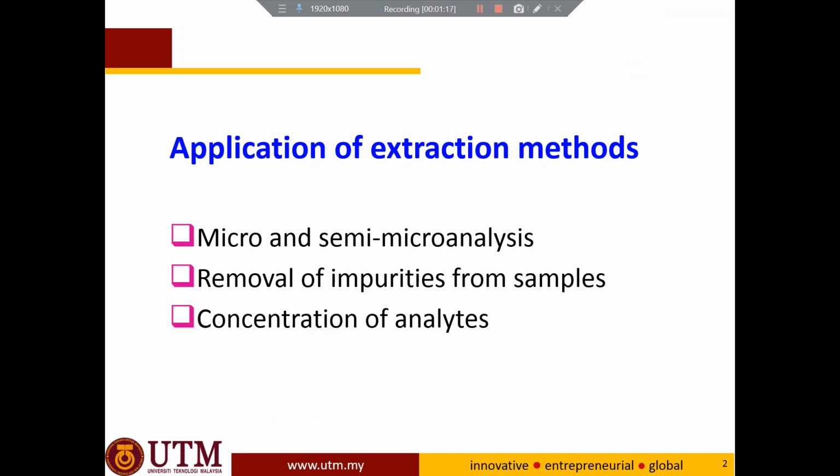Mungkin you ada sample dengan adanya you punya solvent of extraction, you want to pre-concentrate you punya analyte. Daripada 1 liter you punya sample, you want to collect your analyte, dan you want to concentrate mungkin dalam 100 ml sahaja you punya solvent extraction. Okay, yang ni kita kata pasal ni lah.